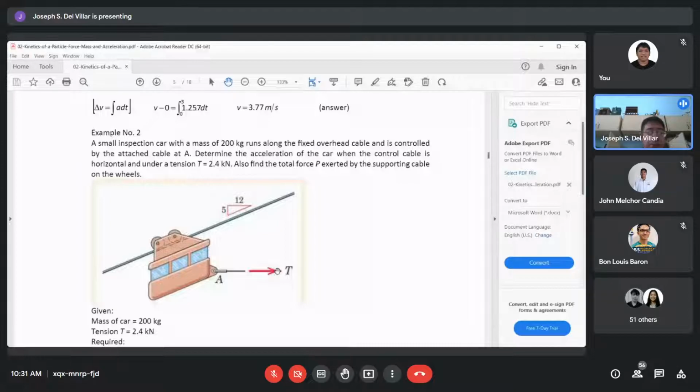The tension is purely horizontal as stated in the problem. Okay? So ganun yung situation. What you see on the figure is what is on the real situation. No? So medyo naka-incline yung cable. No? Okay.